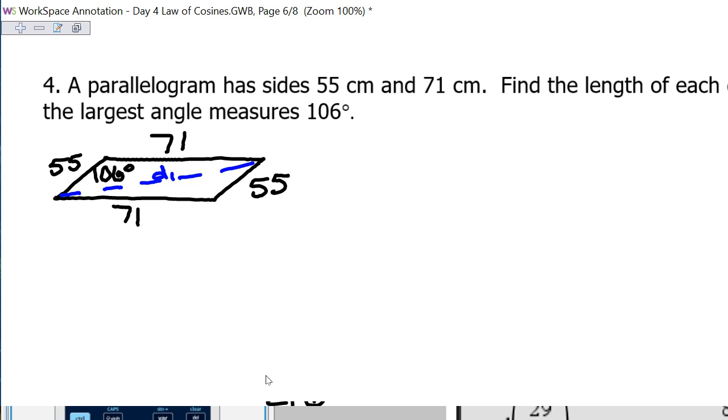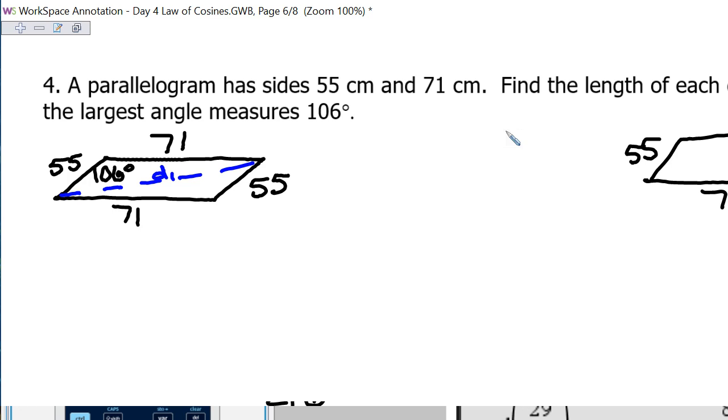And let me draw a new parallelogram, because we also have to find the second diagonal. So again, we have 55, 55, 71, 71. And in a parallelogram, the opposite sides are parallel.